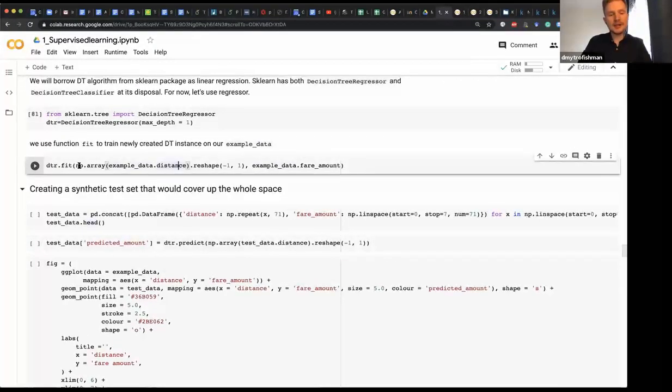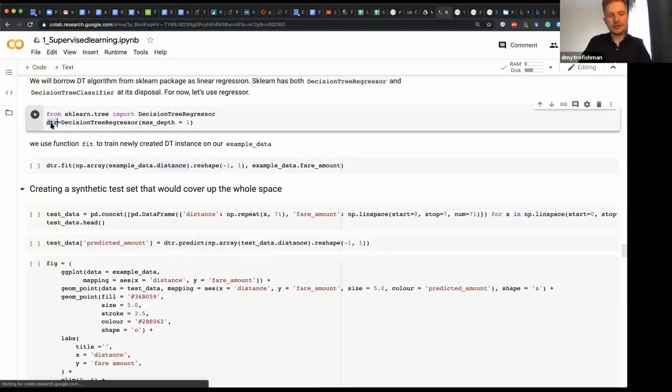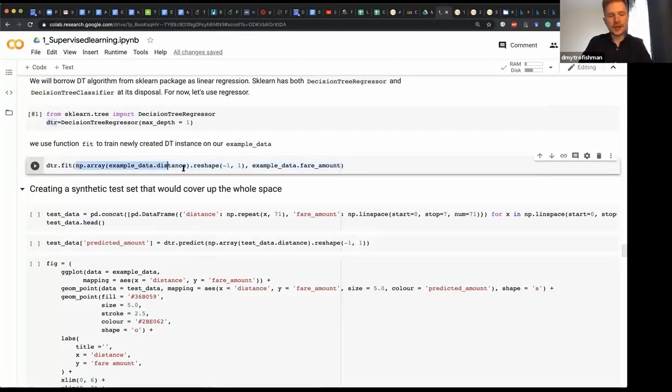What happens now is that I take the decision tree regressor, DTR, and I fit it on the training data, which is our example data. So I take the distance. I do this weird reshape because it somehow doesn't work with pandas data frames. And I say that this is my data, the distance is my data, and fair amount is my labels. This is what I want to predict.